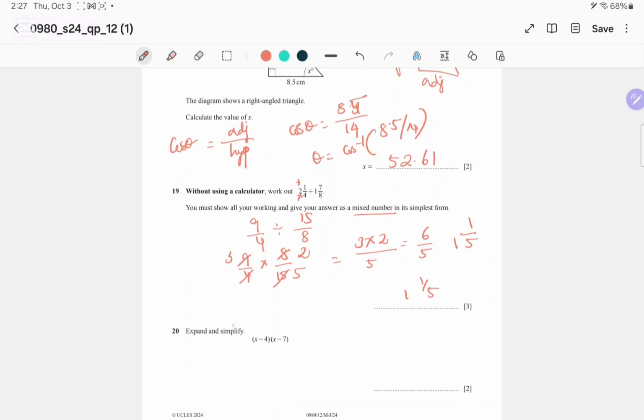The next, 20th question: expand and simplify. So just multiplying this one first with both numbers. So it is x square minus 4x. Now again the second time we are multiplying this one and this one. Okay, we are multiplying these two parts.